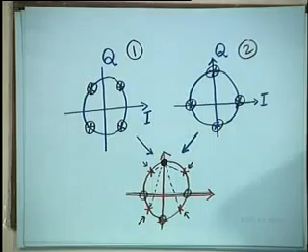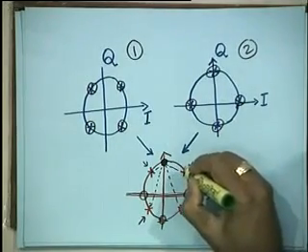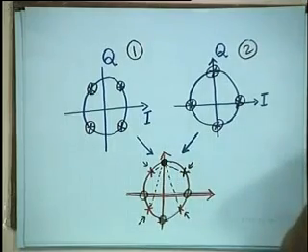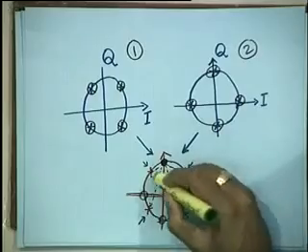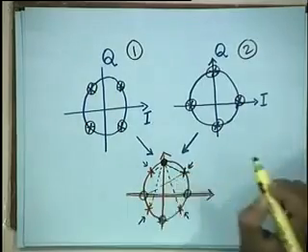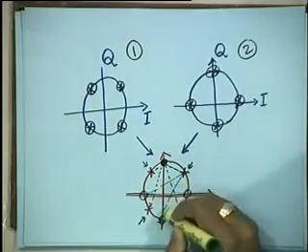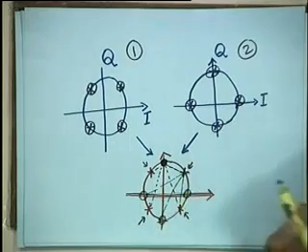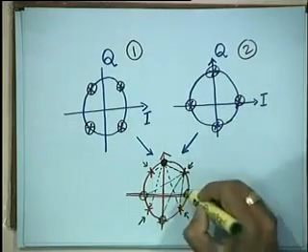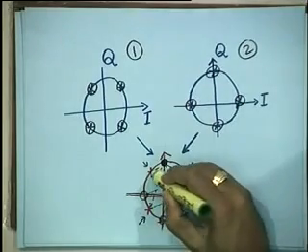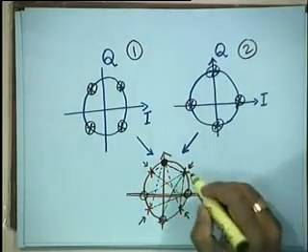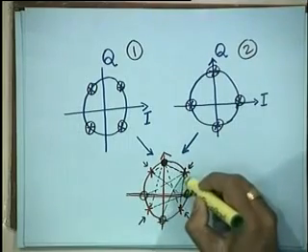Whereas suppose you are sitting in this location, next time you can either go here, or here, or here, or here. Similarly, if you are sitting here, you can either jump here, jump here, right?